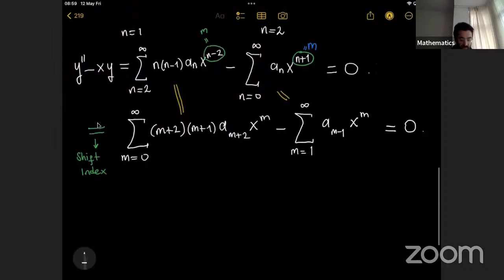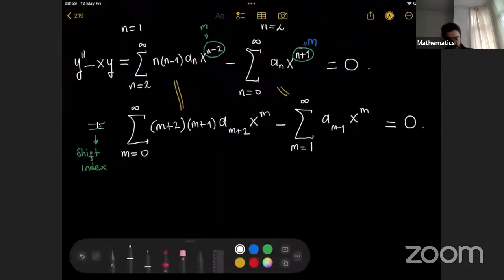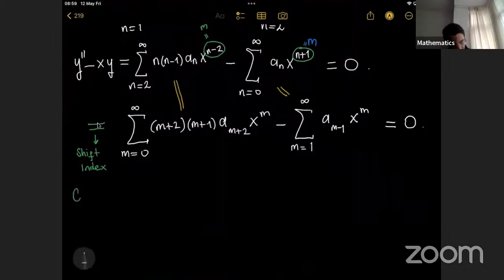We will deal with this by considering m equal to 0 separately, okay? So basically the coefficient of x to the 0.